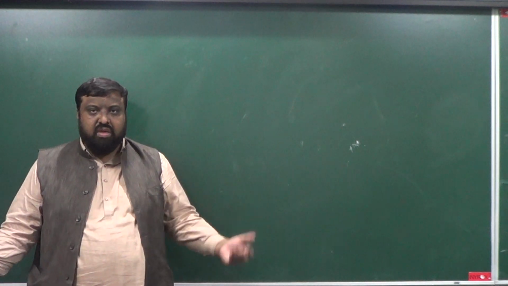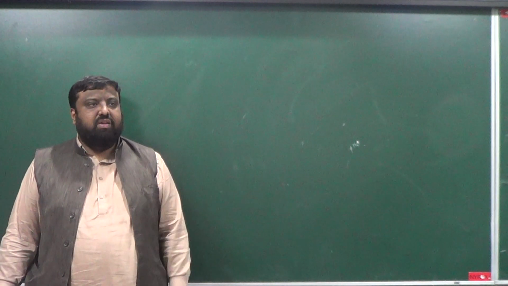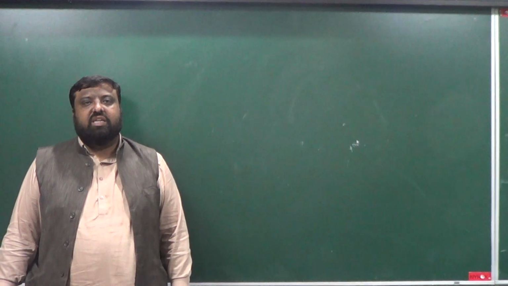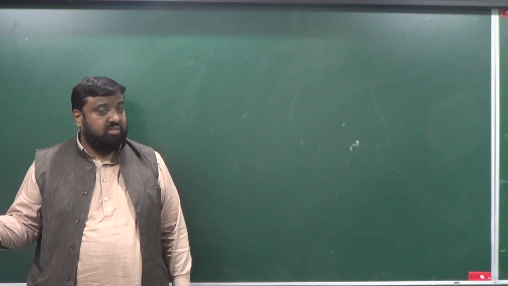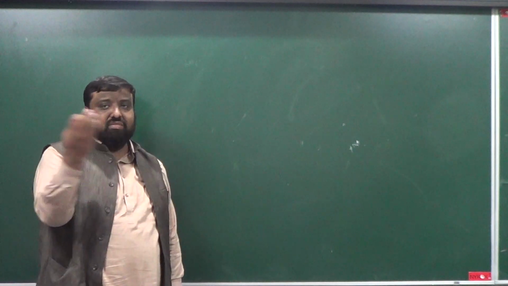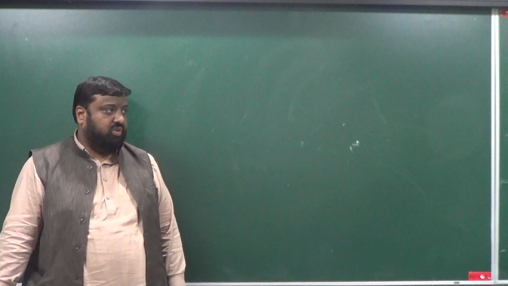But in particular, if you want to visualize them, we are very much interested in how to integrate maps from, say, R2 to R and R3 to R2 to R3 and this kind of maps. So if you have been given a graph of a map, then how to integrate over it.